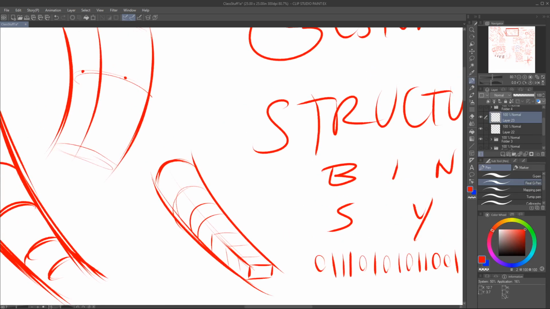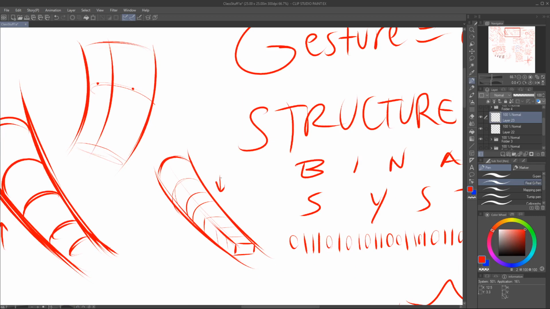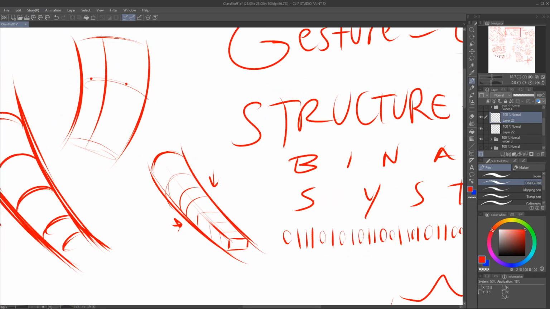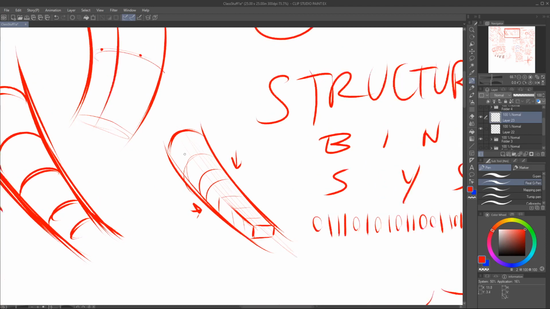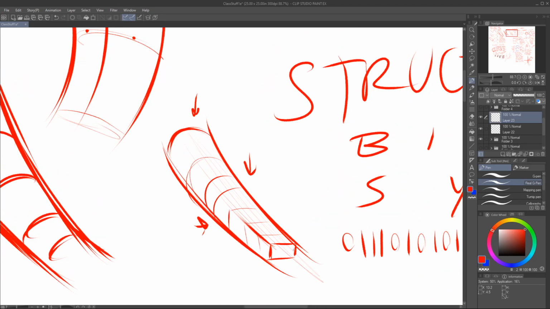What's gesture here is those lines that I put on the other sides of it, and arguably there could be another interior line going in here, following the line of action or something. But the structure starts when I put those ends on there.